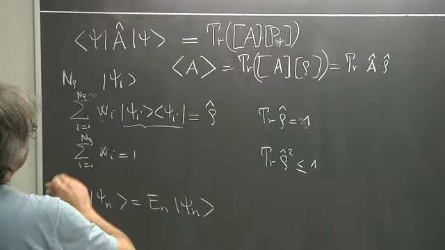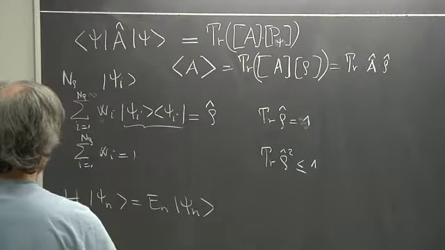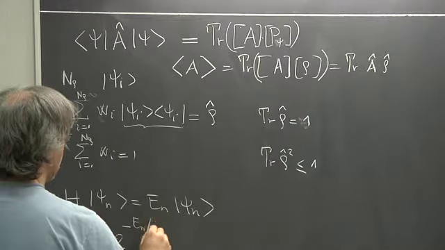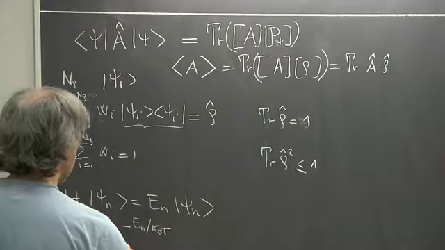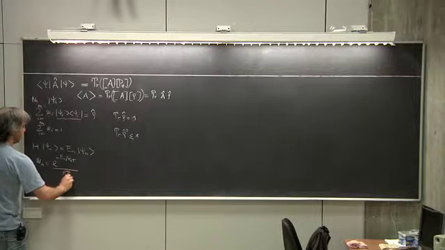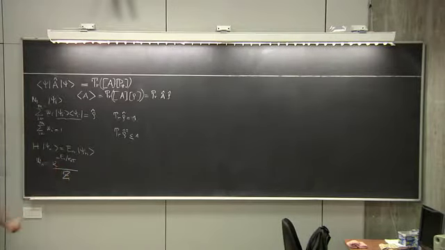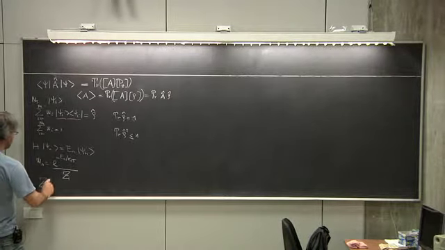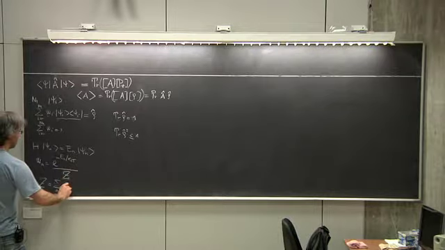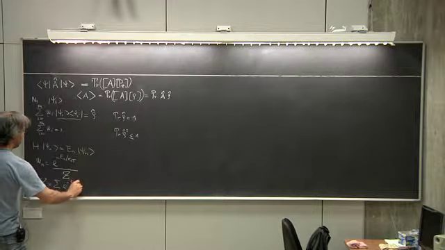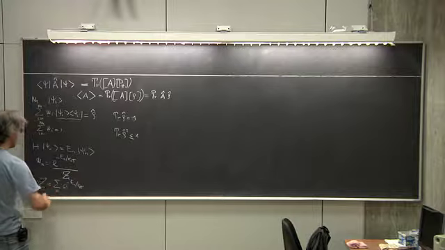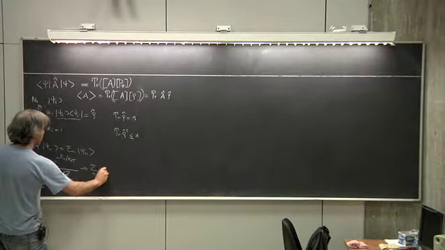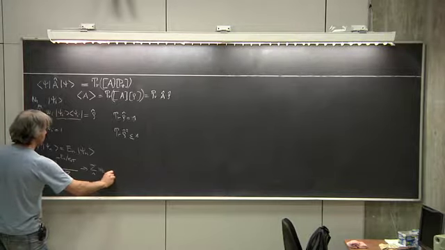And the weight to be just e to the minus E_n over k_B T divided by the partition function, which is the sum of this thing, in such a way that Z is the sum over n of e to the minus E_n over k_B T, and in this way, the sum over n of W_n is just equal to 1.